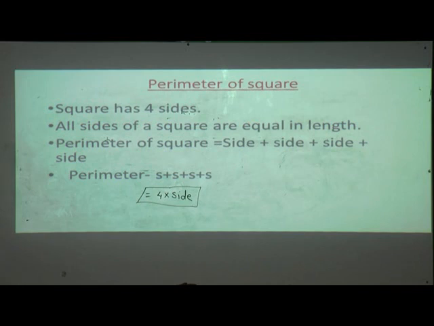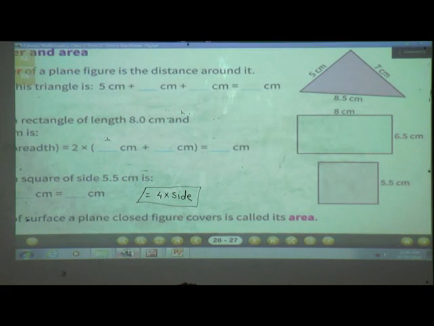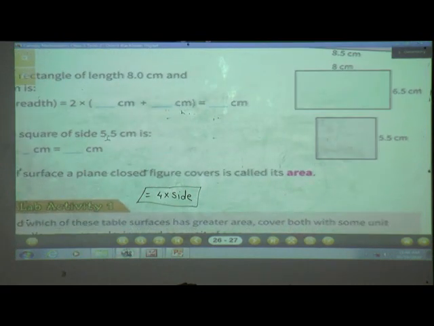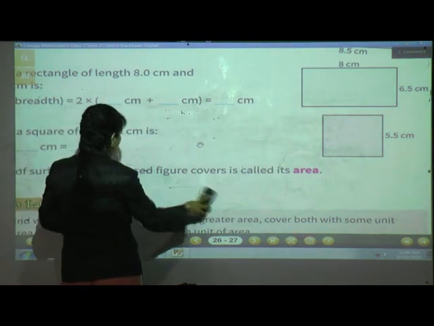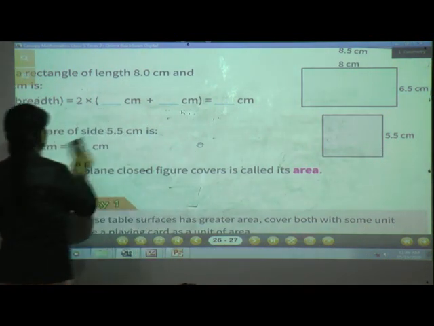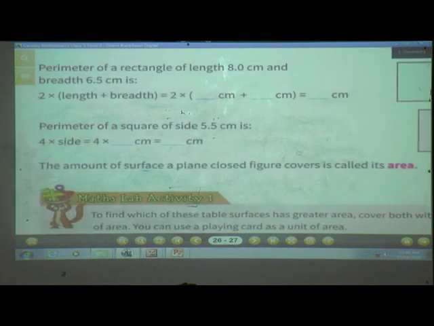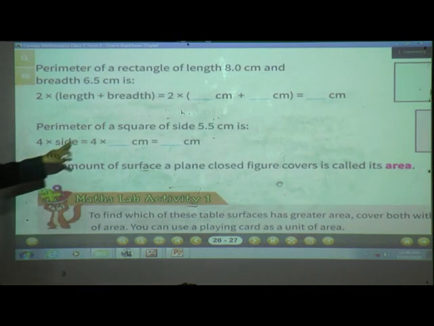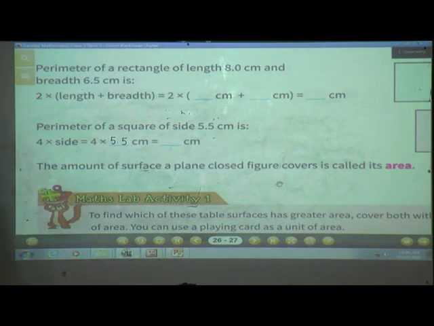So we will solve the next example from the textbook. Here, perimeter of a square. Here they have given us the side 5.5 centimeter. So just put the value here, 4 into side, that means 4 into 5.5 centimeter.